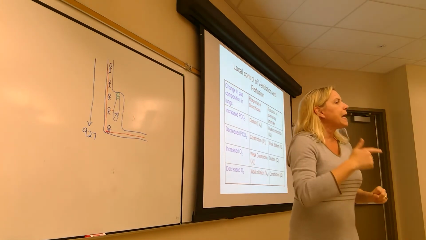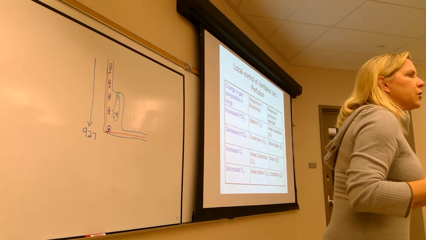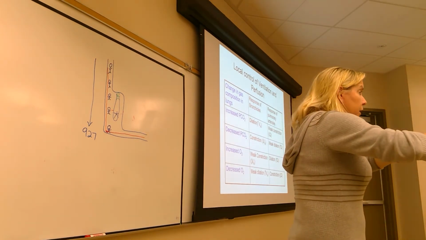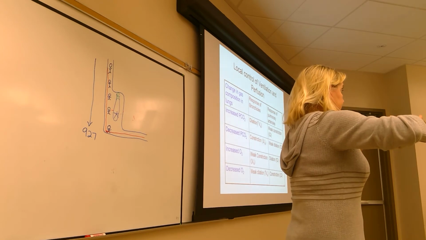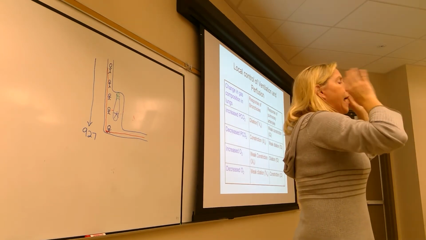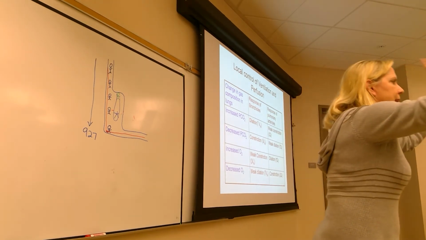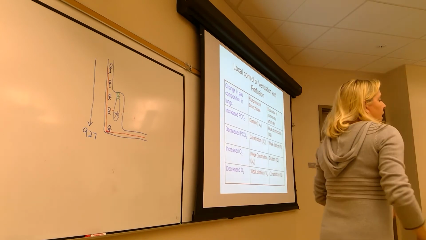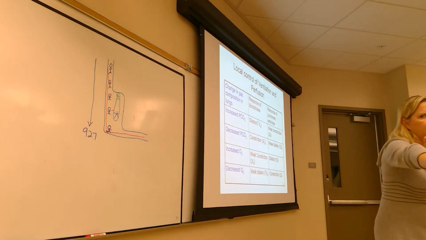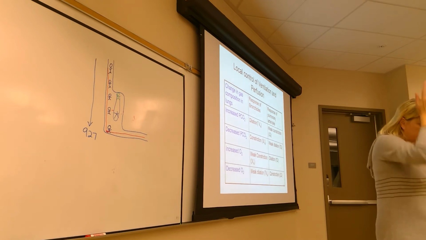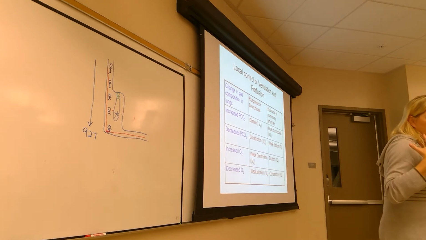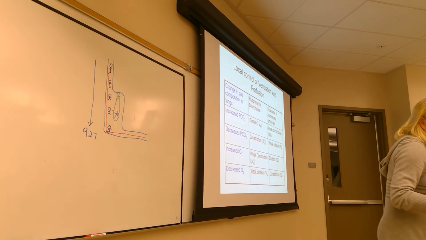Then reverse it again. Increased CO2 causes the bronchiole to relax. Bronchial dilation, as if to say this: You know what, blood? You don't want to come over here. This alveolus is filled with dirty air.